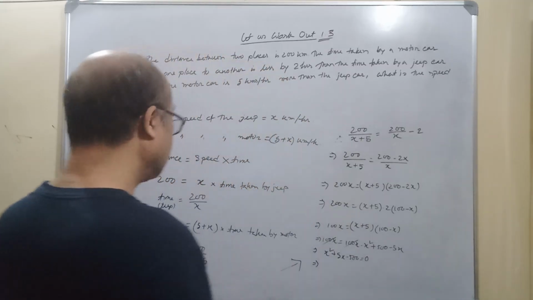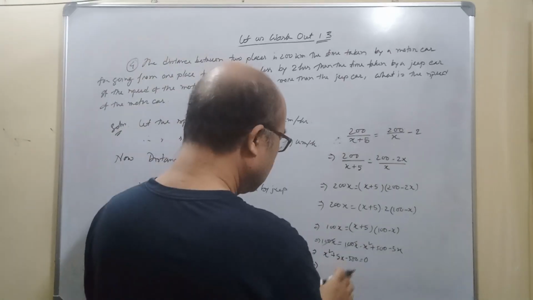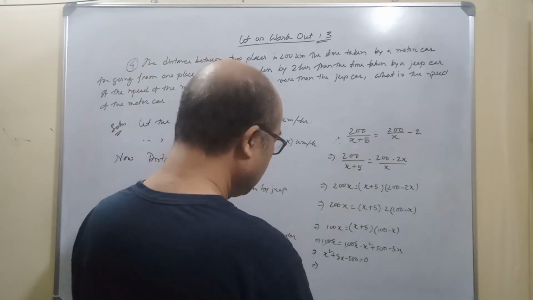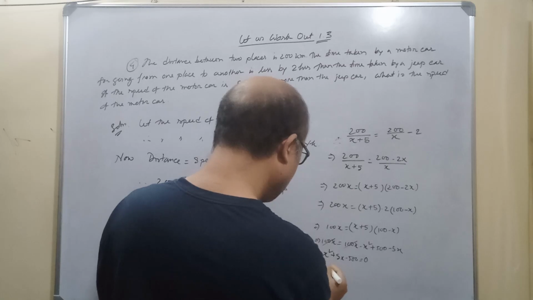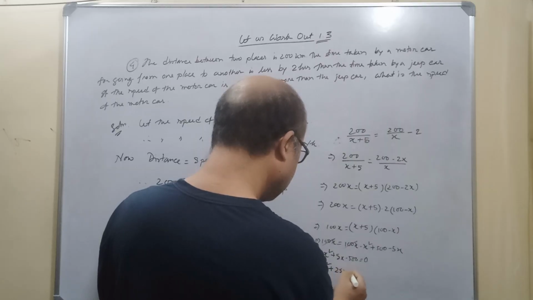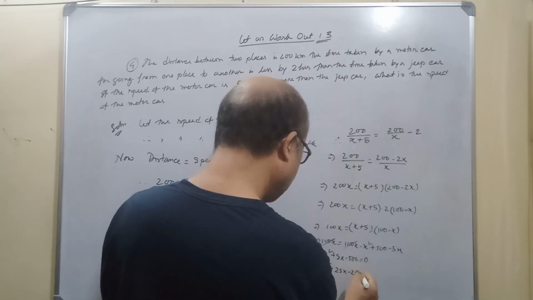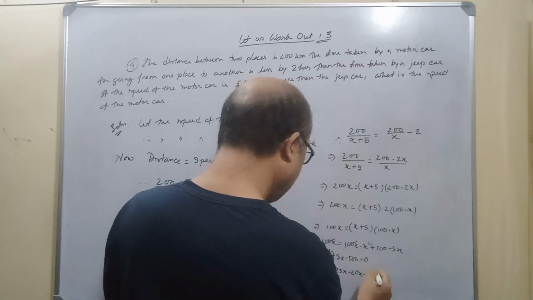Now we have to solve this equation. We will solve it by factorization. So we write x square plus 25x minus 20x minus 500 equal to 0.